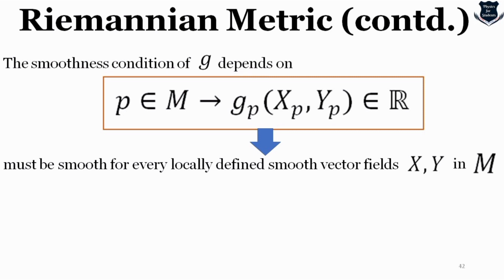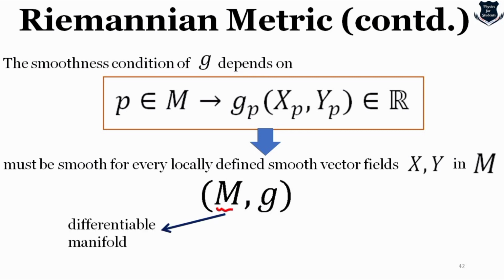This entire g_p, which is dependent on X_p and Y_p, must be smooth and locally defined in X and Y on M. And a Riemannian manifold actually is a pair, M comma g. What is M? This M is simple. It is a differentiable manifold, right? So we know what a differentiable manifold is, something on which we can perform calculus. And what is this g all about? This is the Riemannian metric. What is a metric?